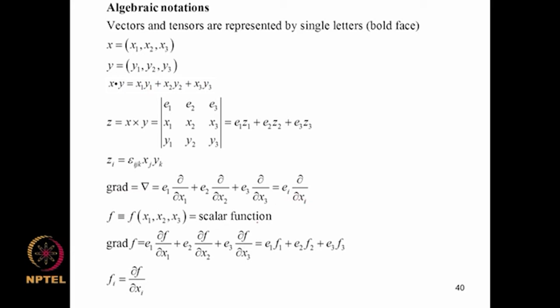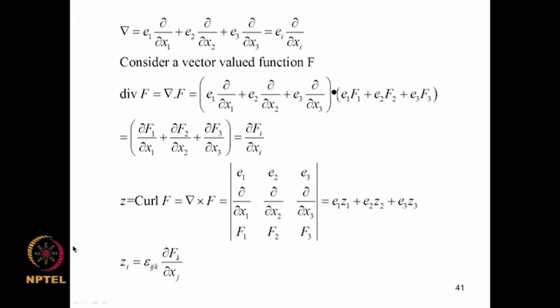Now, this is a scalar function. If you take a grad of a scalar function, it is given by dou f by dou xi, that means ith component is this. Now, if you apply the grad operation on a vector valued function f, we can define what is our divergence, which is del dot f, which is given by this. This is a dot symbol. The curl is del cross f, and that is given by this.